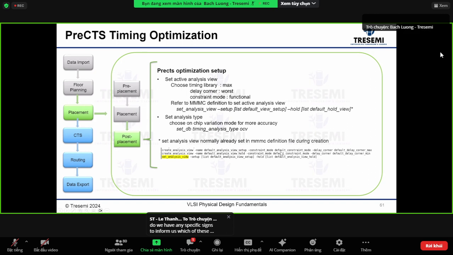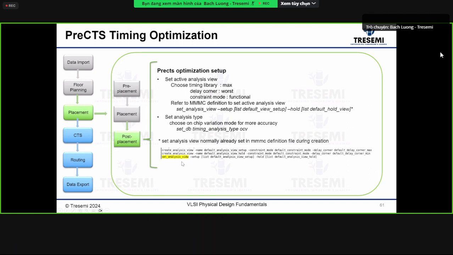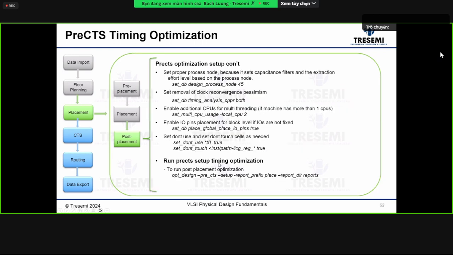We use the constraint mode and default corner. At the end, we say the setup view is going to use this default analysis view which is created. Once you open it up in the lab, it makes more sense.